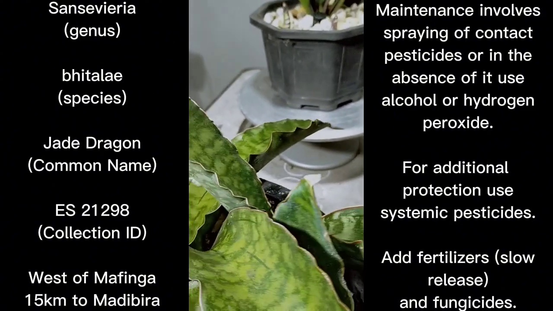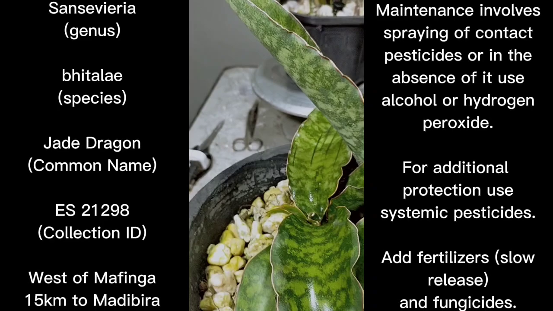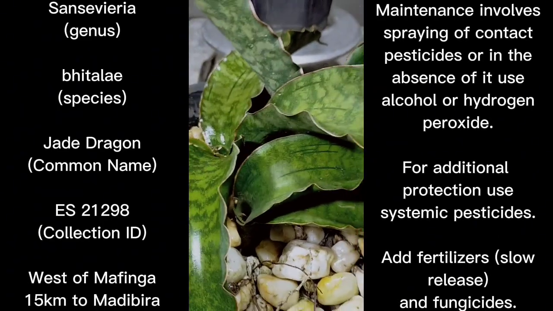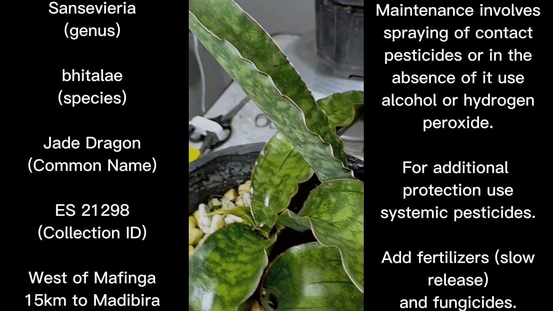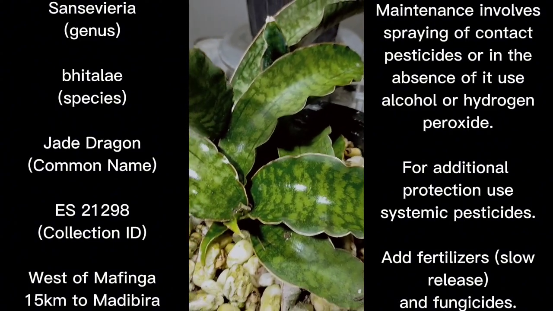So you will not see all the pests on your Sansevieria, because there are some parts of it that are not visible to you. So what you do is get a systemic pesticide.